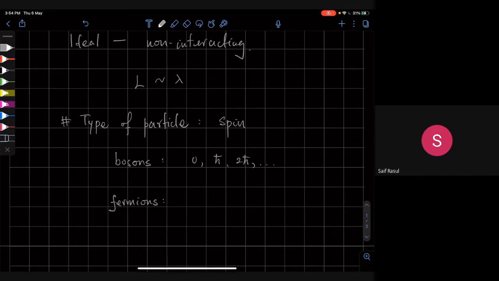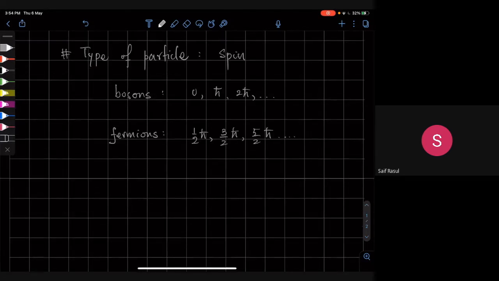And fermions have half integer spin. So half of h bar, 3 halves of h bar, 5 halves of h bar, and so on and so forth. Now the thing is, in nature, in everyday life, most of the, quote-unquote, fundamental particles that we deal with are fermions, with a little bit of a caveat.